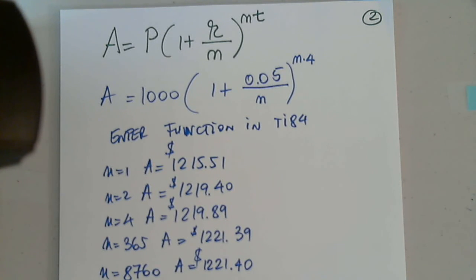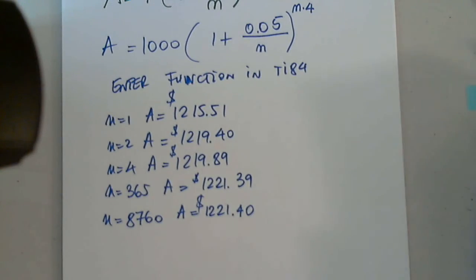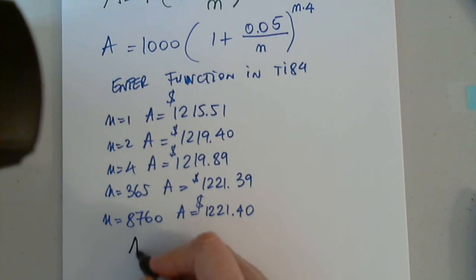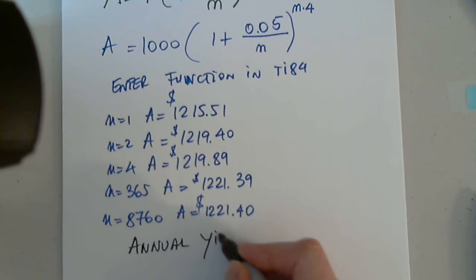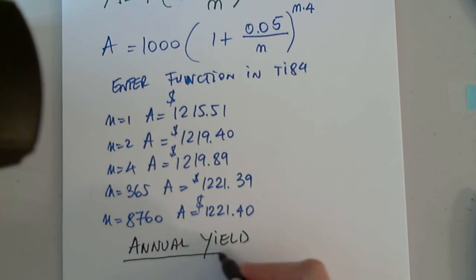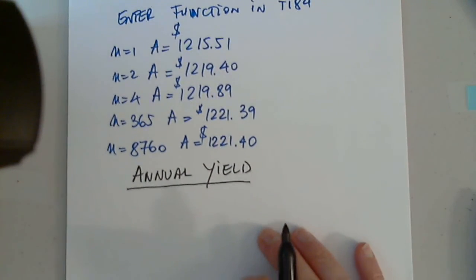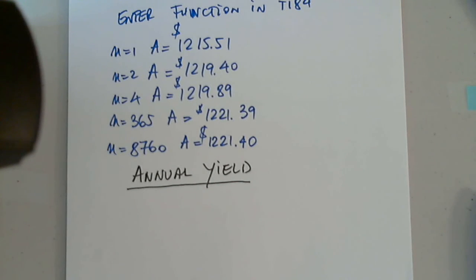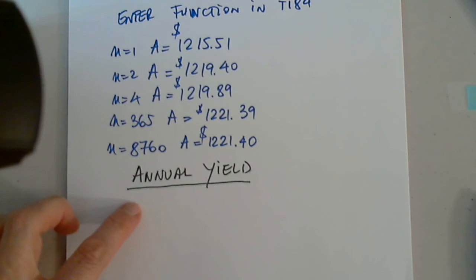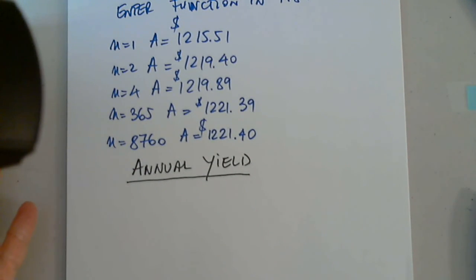Okay, here I would like to also work on one other type of problem about the annual yield. So let's see what annual yield represents. Any questions one more time? So if interest is compounded n times a year, then the actual interest rate is bigger.